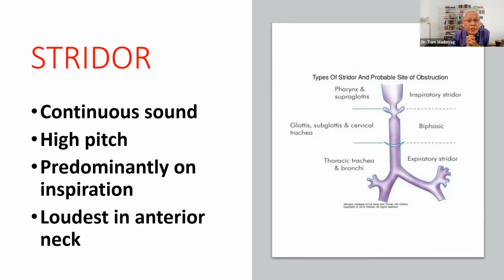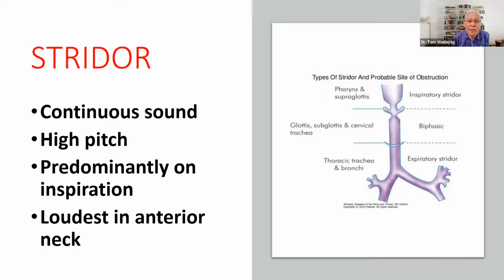Stridor may be heard in conditions such as croup, which is the most common one in children, as well as foreign body obstruction. It is typically loudest over the anterior neck, right here, as the air moves turbulently over a partially obstructed airway. So remember now that stridor is high pitch.